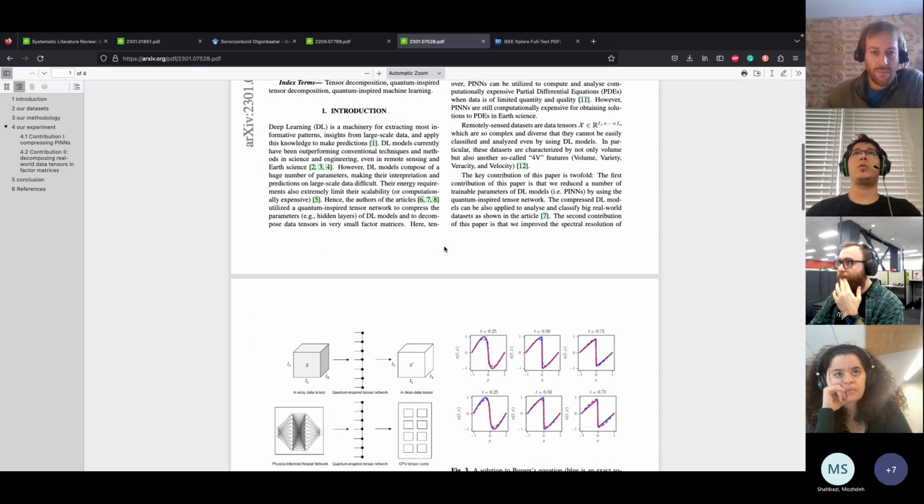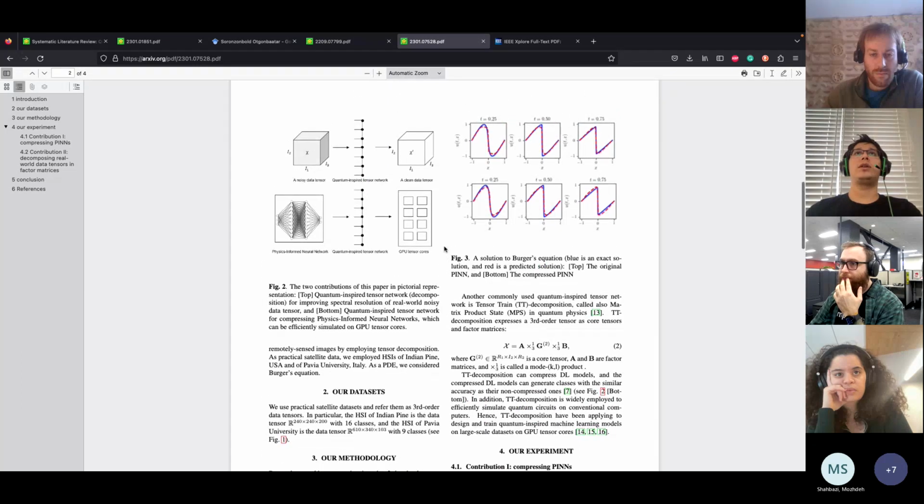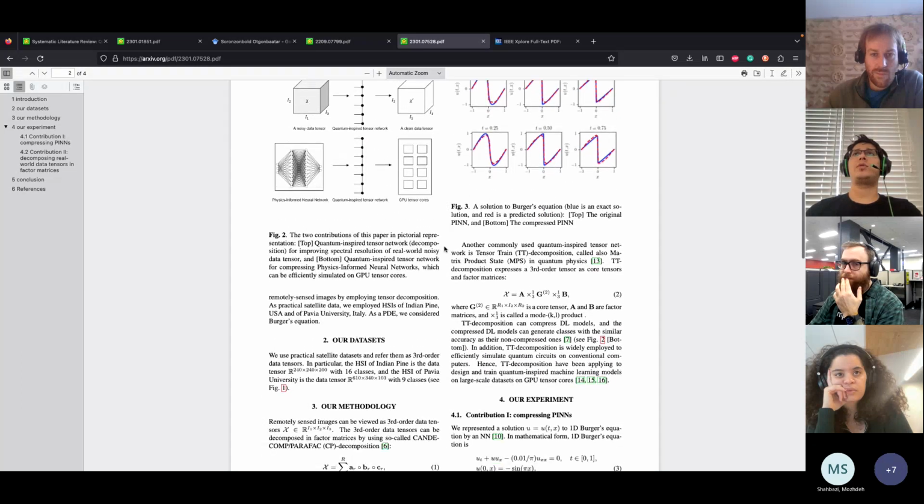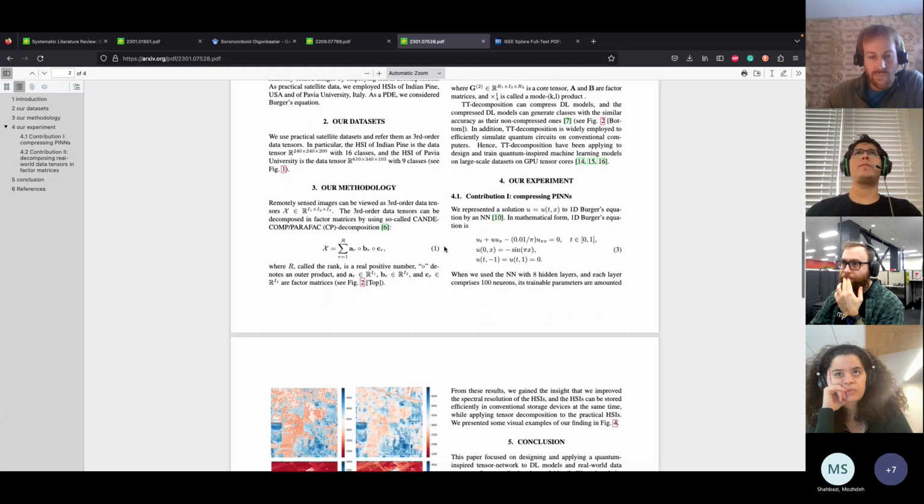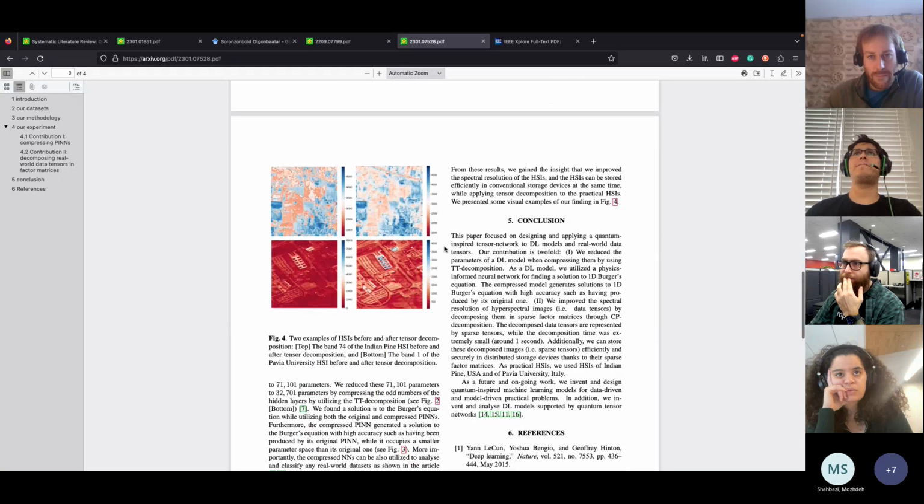In terms of the quantum machine learning approach, I'm not sure what this paper is doing. Let me see.